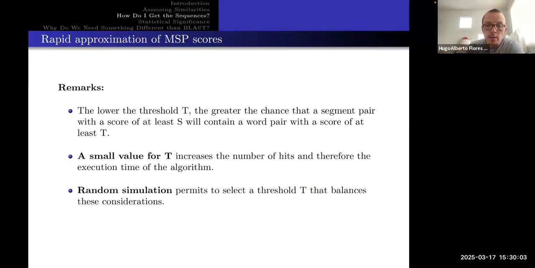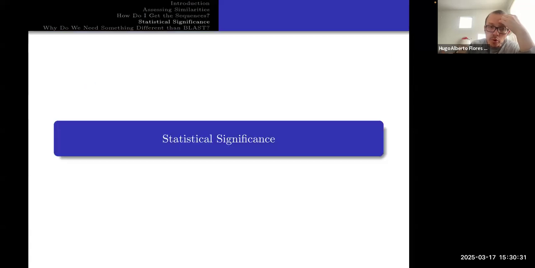At the end, this idea allows us to understand that choosing some parameters will have consequences in the results of the search. And as I mentioned in the last bullet, based on some simulations, we can understand what value of T allows us to get a balance between these two remarks.